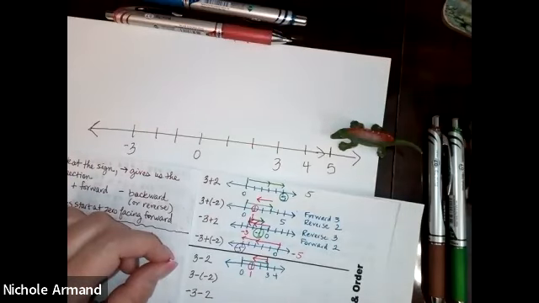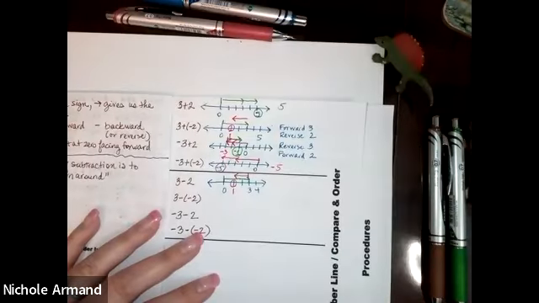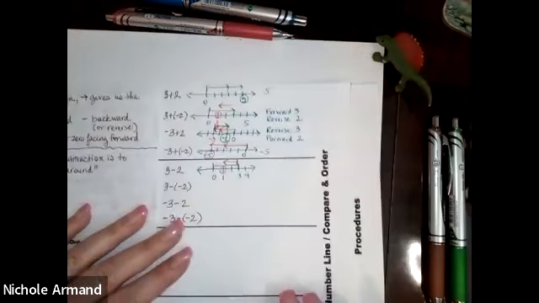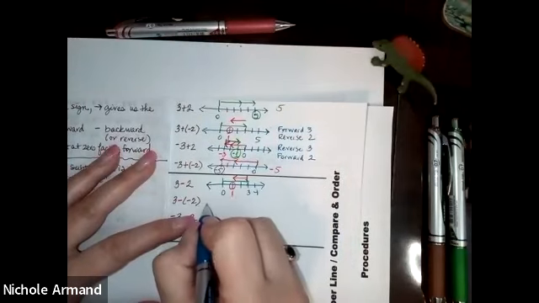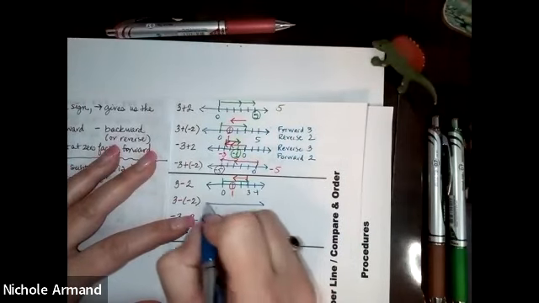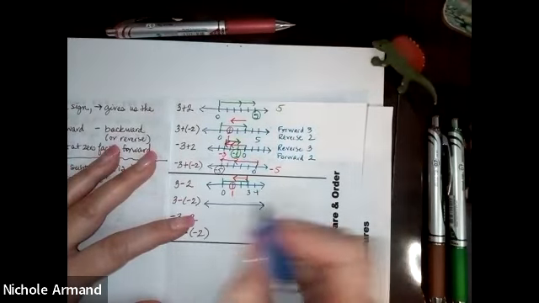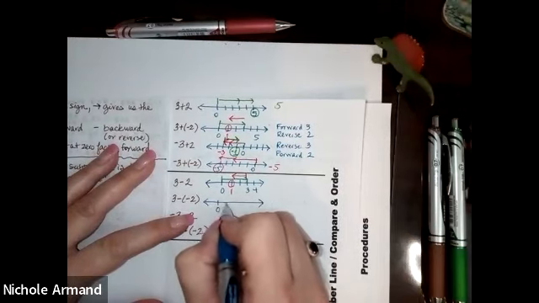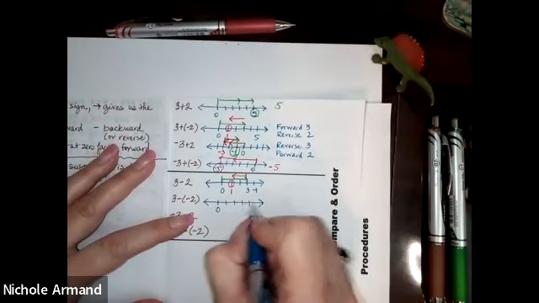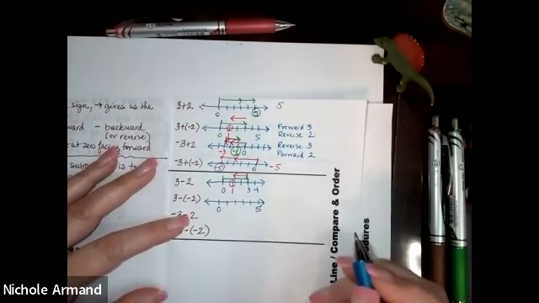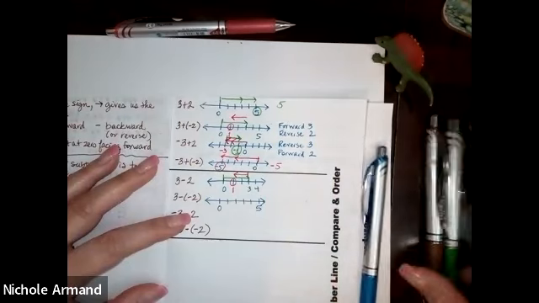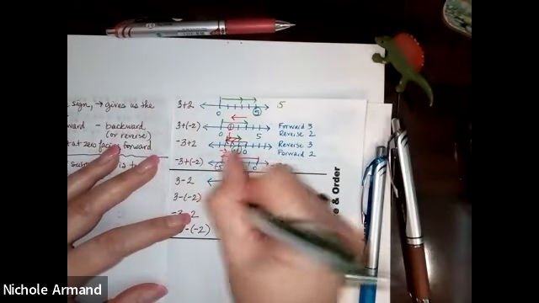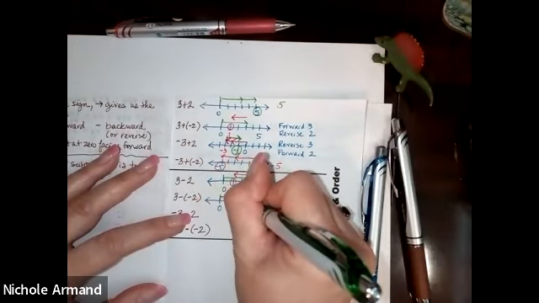So let's draw that one. Okay, so now we are going to draw the next one, where we are going to go forward 3. 1, 2, 3.